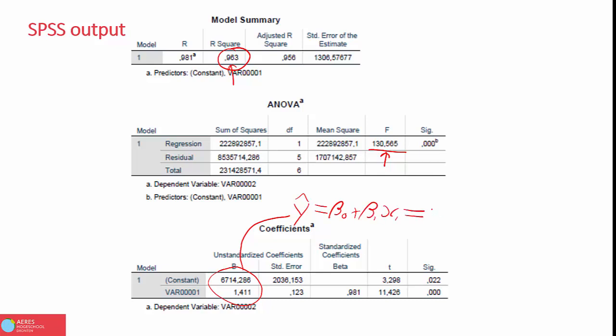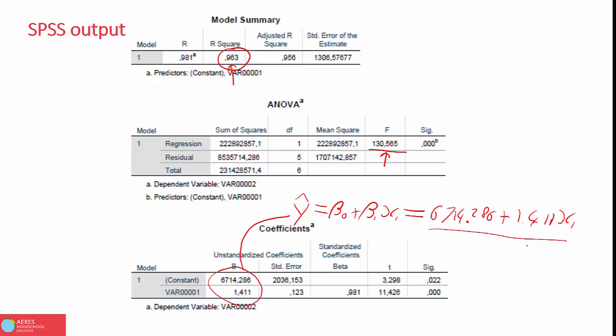Beta 0 is our constant, plus 1.411 times x1. So this is the formula that we get in the end.